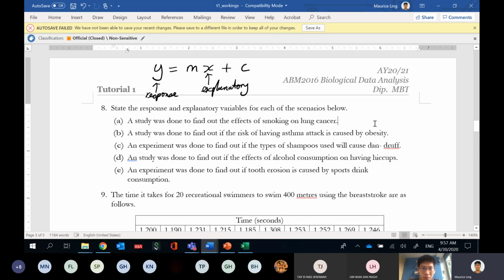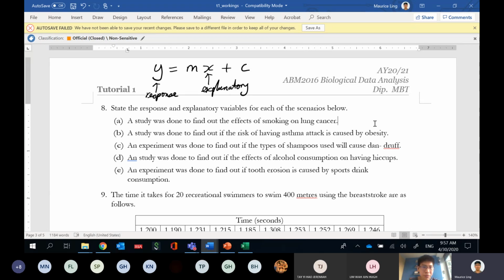Okay. So what you will do is which one is the response, which one is the explanatory? Let's say for question 8A. So let me just arrow someone. Why not Jia En? See whether you get the answer or not. Jia En, are you there? Yes. Okay. So which one is the explanatory?